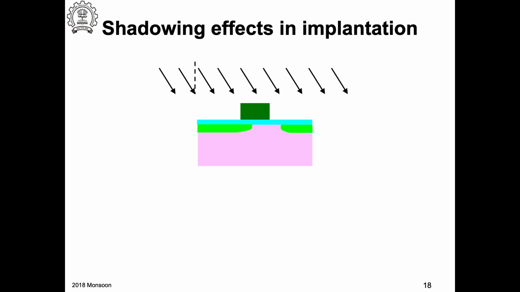Log of ID. On the other hand, if I plot this ID on a linear scale, it goes like this, right? So this is an exponential increase. So when you look at the textbook model of MOSFET, who tells you what is going on here?